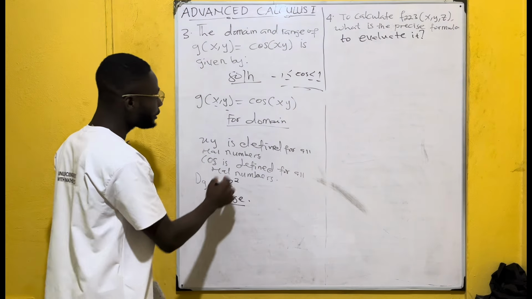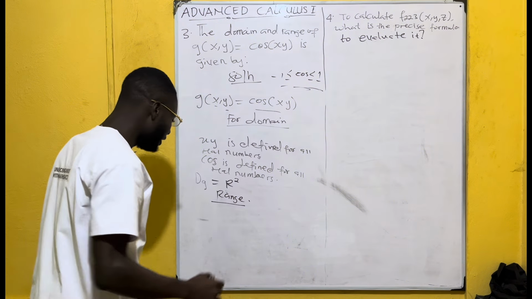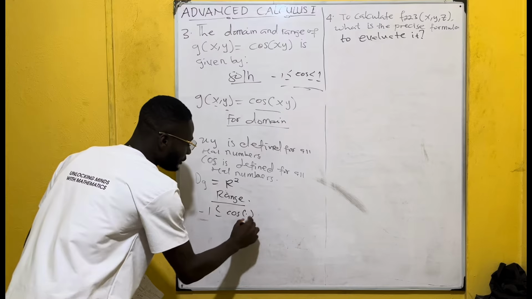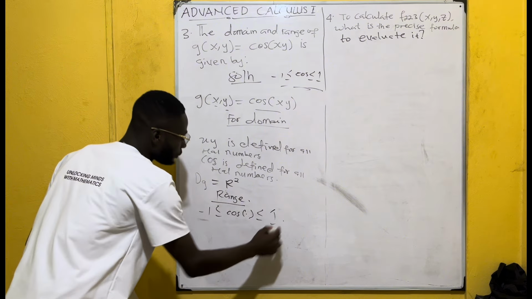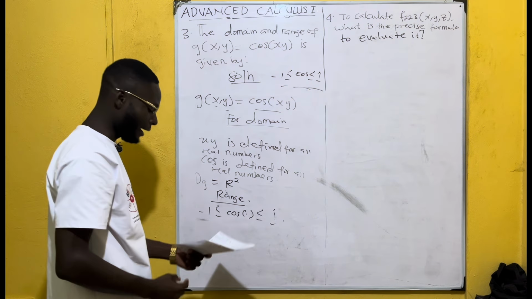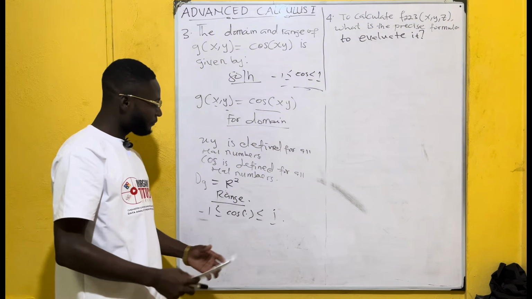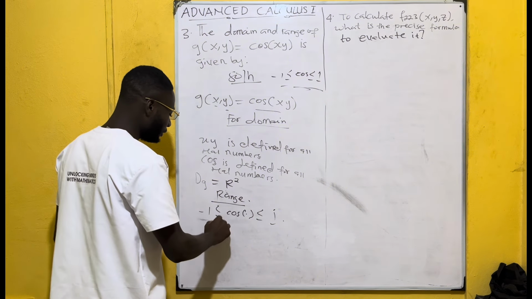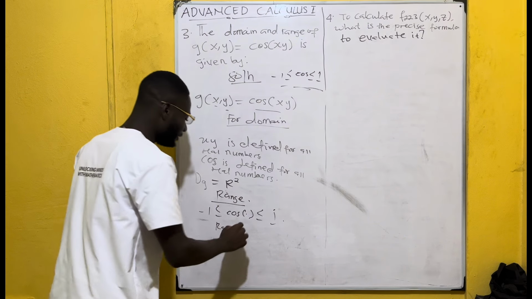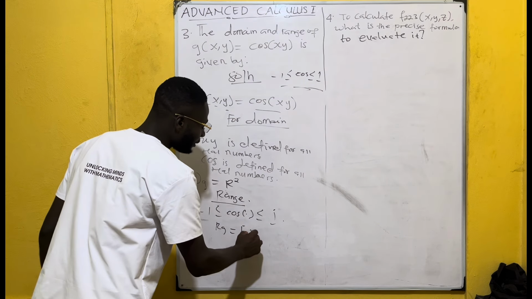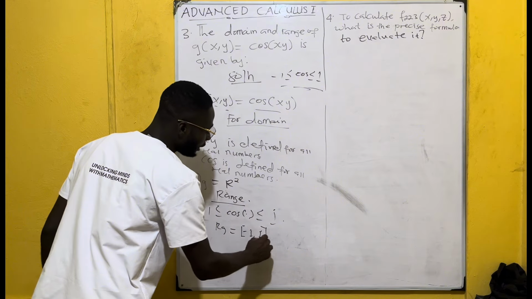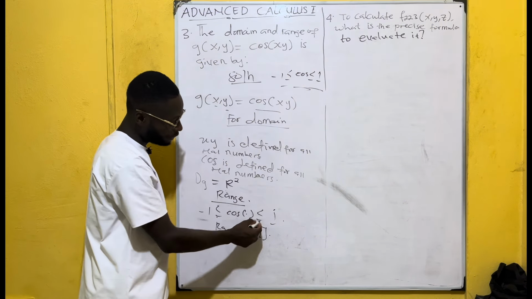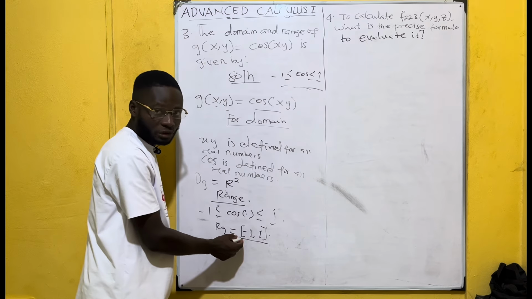So the range for this function is going to be -1 less than or equal to cos of the function less than or equal to 1. So we can say that the range of g is -1 to +1 inclusive, because of the less than or equal to.